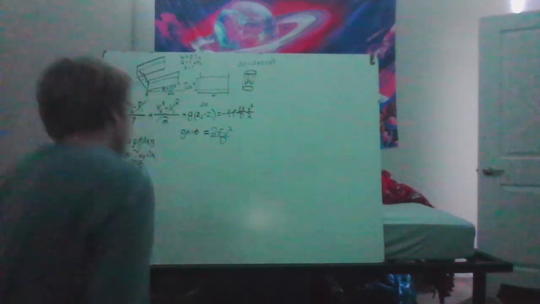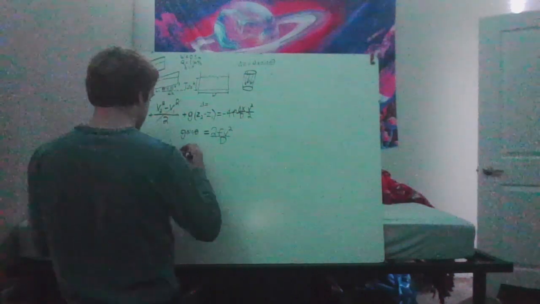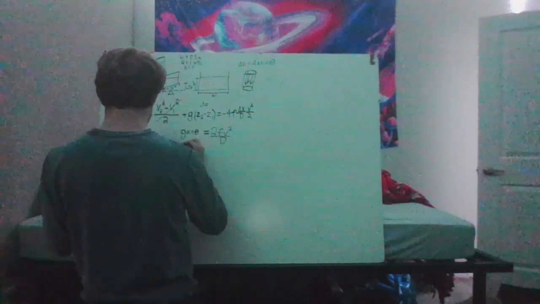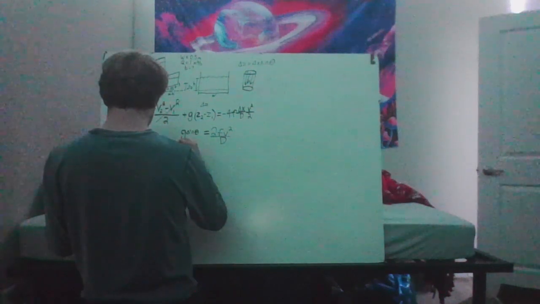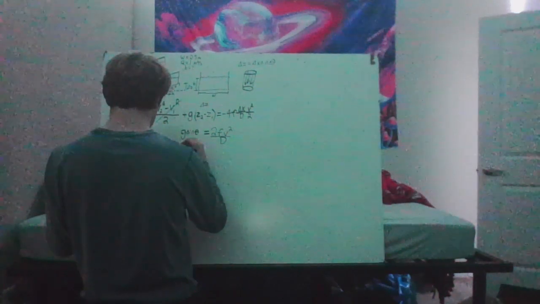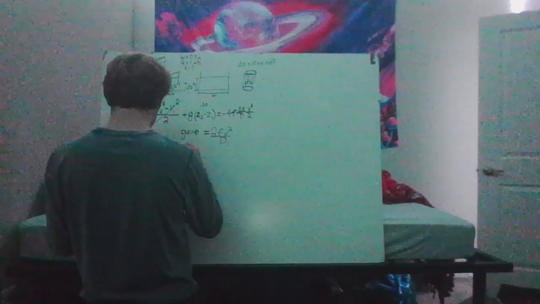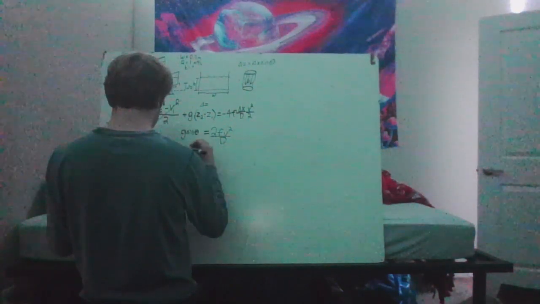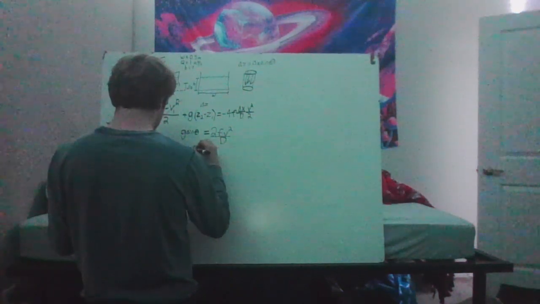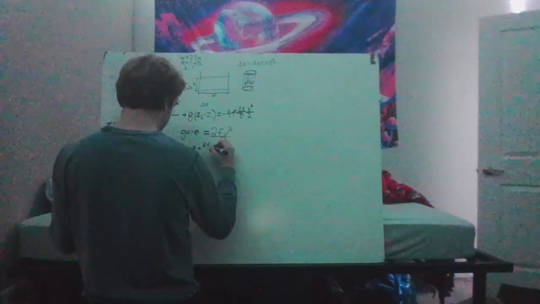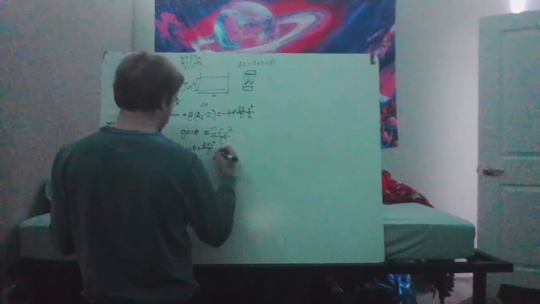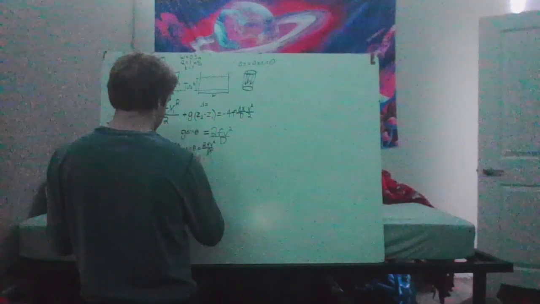So now plugging this in, we will get tau 4 over d rho sine theta equals f v squared over 2d. These d's will cancel.